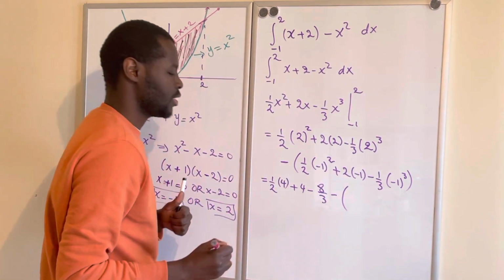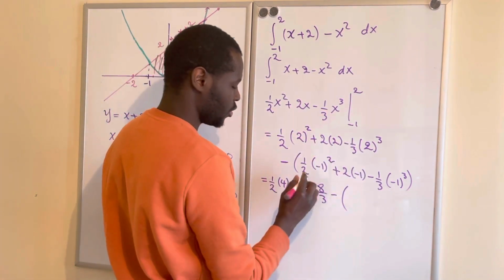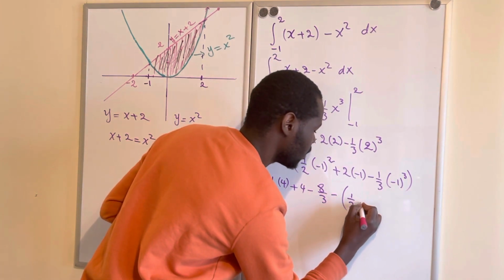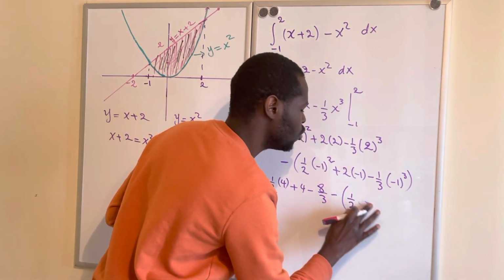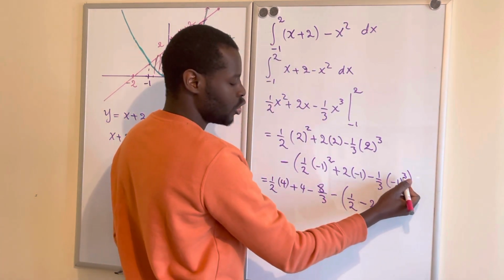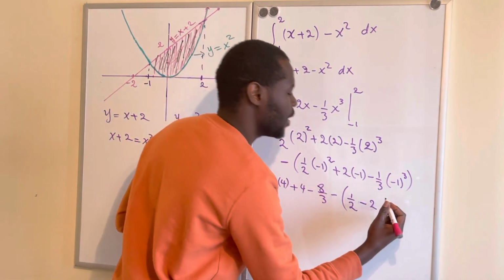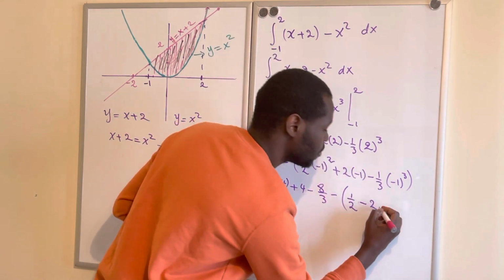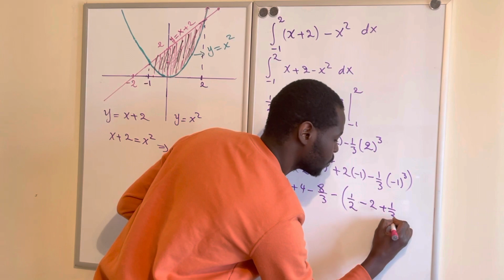Now minus this entire thing. -1 squared is 1, so you get 1/2, plus 2 times -1 is -2, minus 1 cubed is -1, times minus 1/3 is positive 1/3.